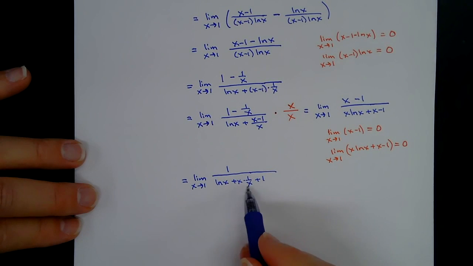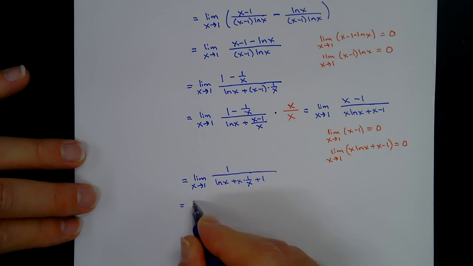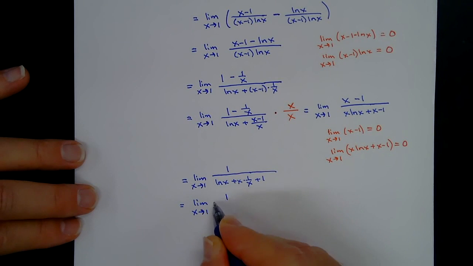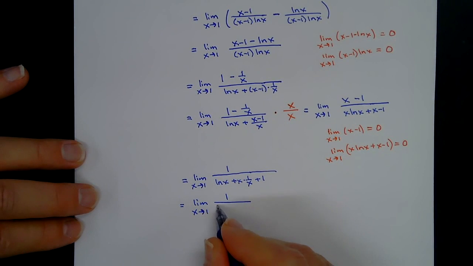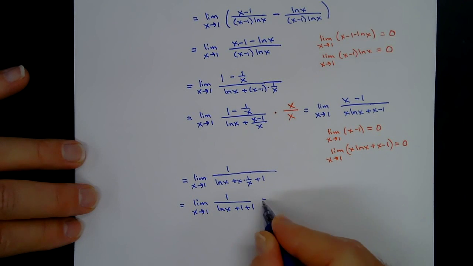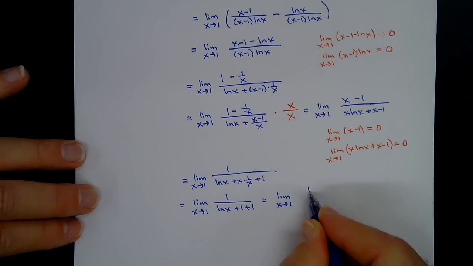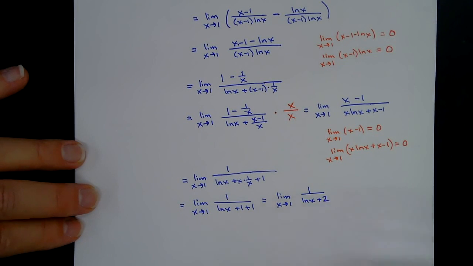And this becomes 1. So this becomes the limit as x approaches 1 of 1 over ln of x plus 1, plus 1, or the limit as x approaches 1 of 1 over ln of x plus 2.